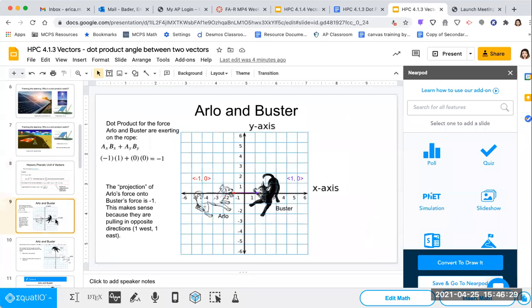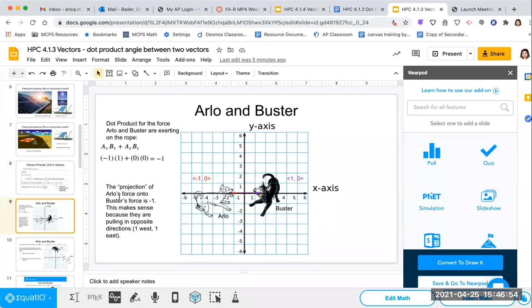Okay, so let's get into dot product and revisit Arlo and Buster, the puppies from the warm-up. So whatever you said in your warm-up, I want you to kind of connect back to now. So you've got Arlo pulling west and Buster pulling east, and they have the same magnitude. Their dot product, if you multiply the x's and then multiply the y's and add those together, is -1.